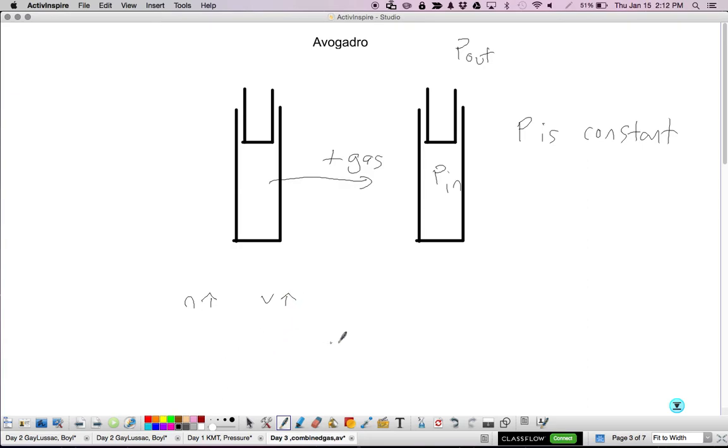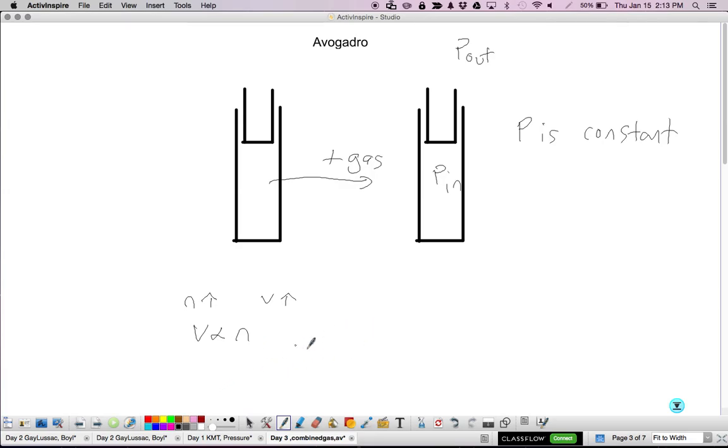All right? Another great example of this is a balloon, right? If you blow into a balloon, you're adding more gas particles, and the pressure inside the balloon is roughly equal to the pressure outside, okay? And so the volume increases. So that tells you that volume is directly proportional to the number of moles, okay?